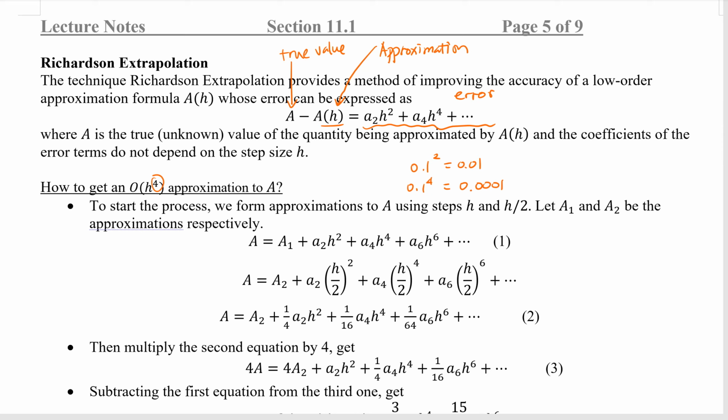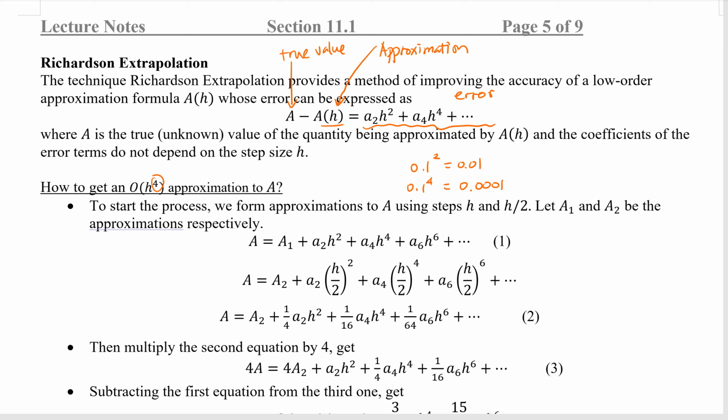Let A1 and A2 be the approximations respectively. Let A1 be the approximation using step size h. Then we can just plug into this formula, and we get this, right? These are the errors. And then when we use step size h over 2, let A2 be the approximation.